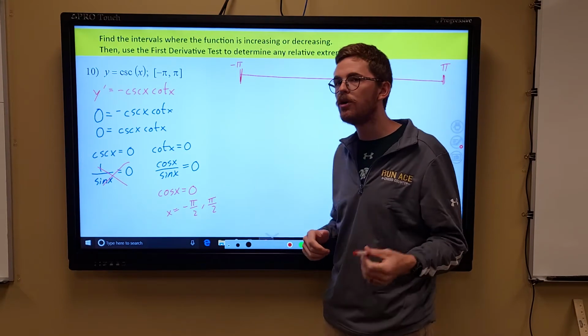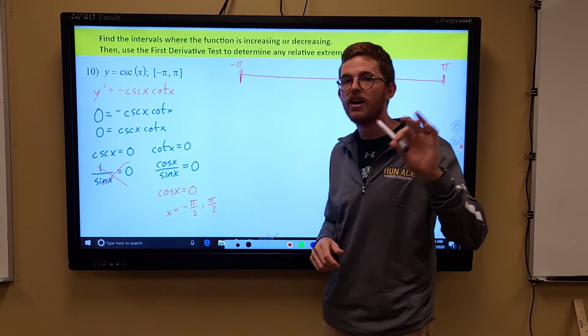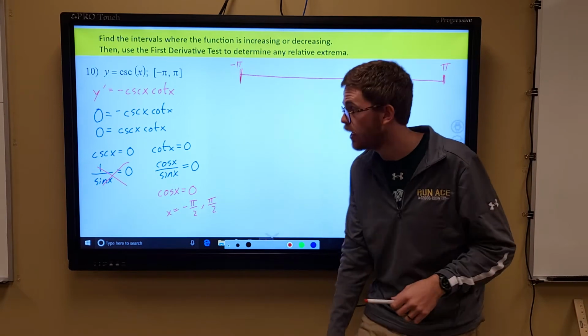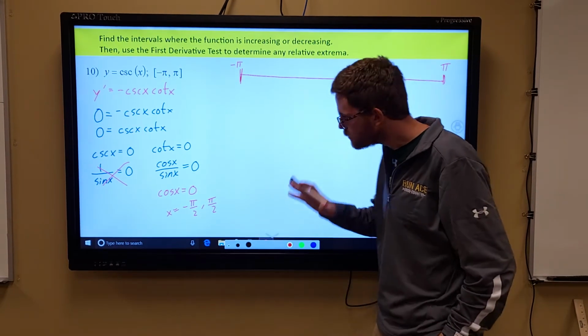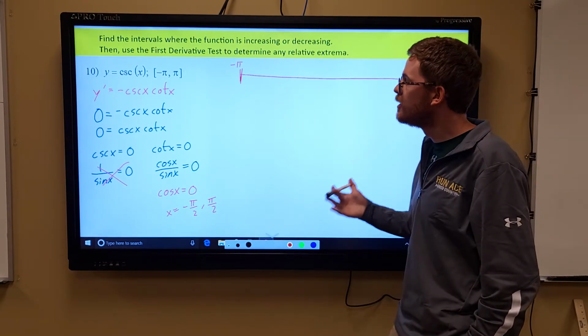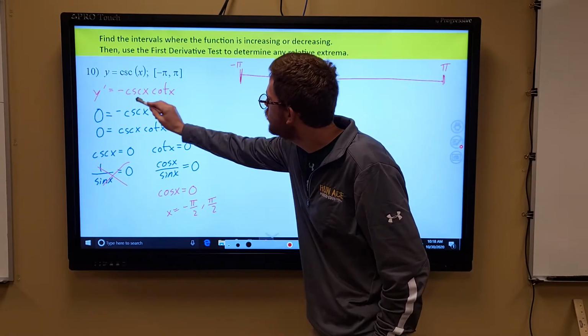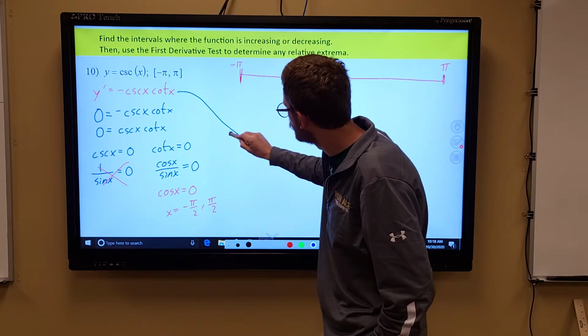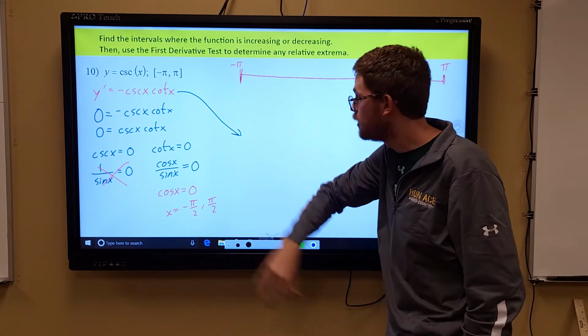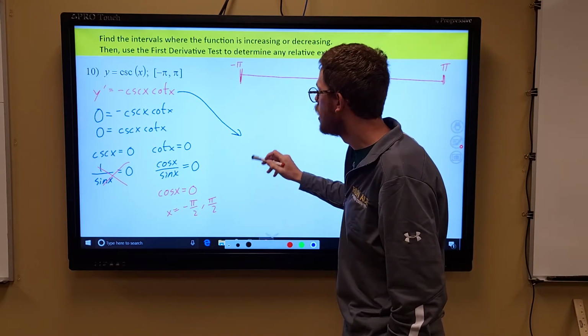But we also need to know when our first derivative does not exist. That is also very important to us. So to find when the first derivative doesn't exist, again, we need to think about our first derivative. And I'll have to erase a lot of this stuff later when we get into the second part of our problem.